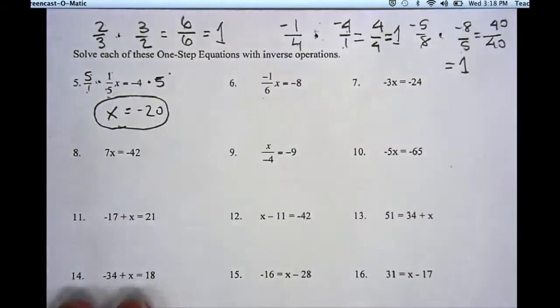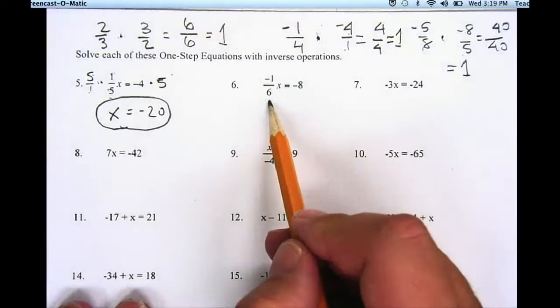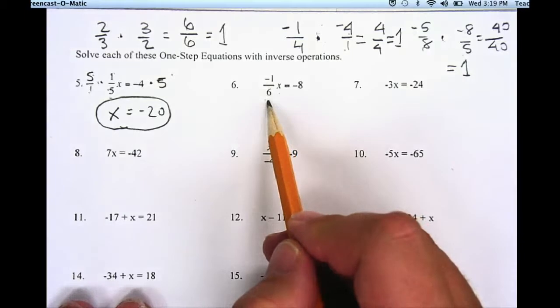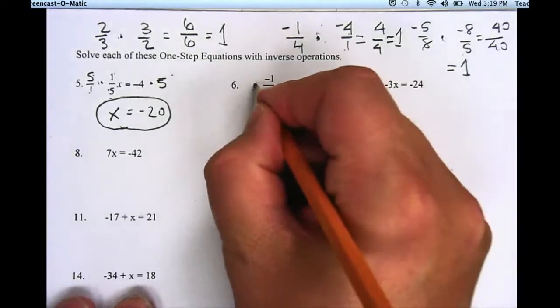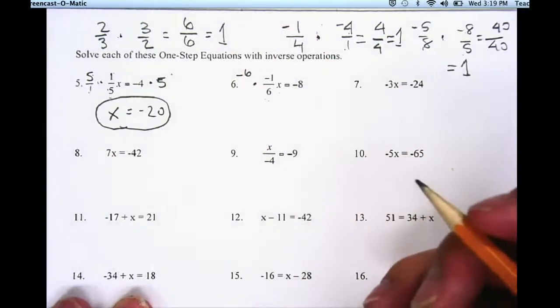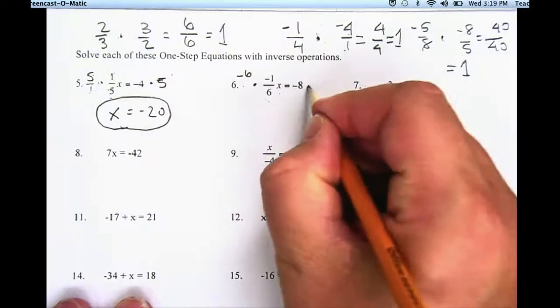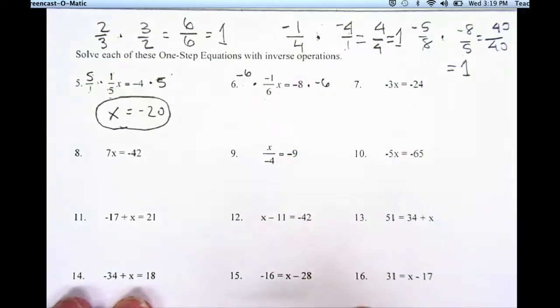Now the next one, I'm multiplying x by a fraction, so I've got to multiply by that reciprocal. Whenever I multiply a variable by a fraction, to undo that, I multiply by the reciprocal. So the reciprocal of negative 1/6 is negative 6/1, which is the same as negative 6. But if I multiply this side by negative 6, I also have to multiply that side by negative 6.